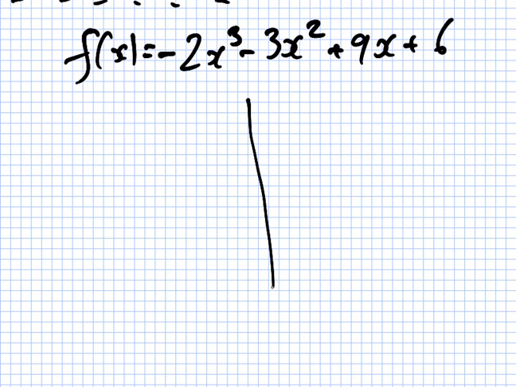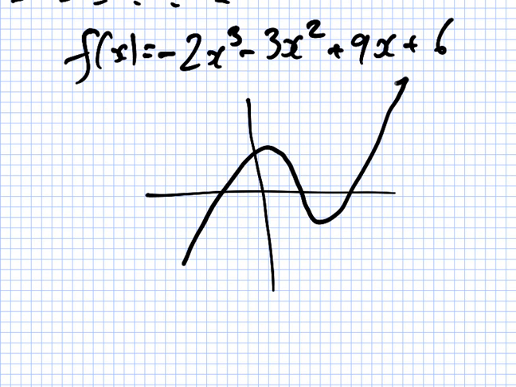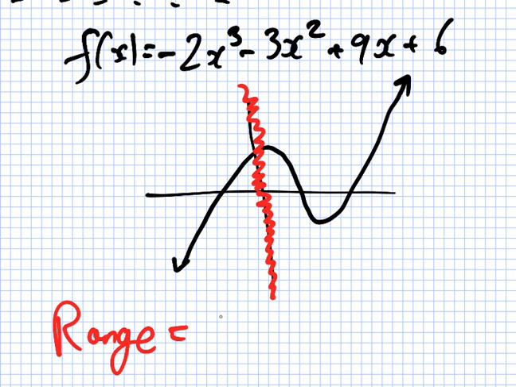I'm sorry to tell you it is. Because if you picture the graph, it looks something like this, doesn't it? So you do get all the numbers going down and all the numbers going up on the y, right? So what's the range here? All real numbers. This function is called onto.